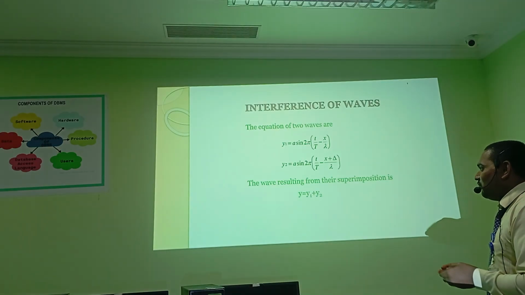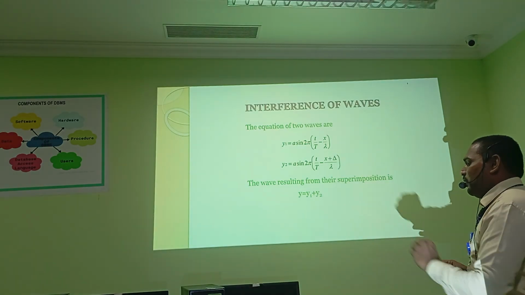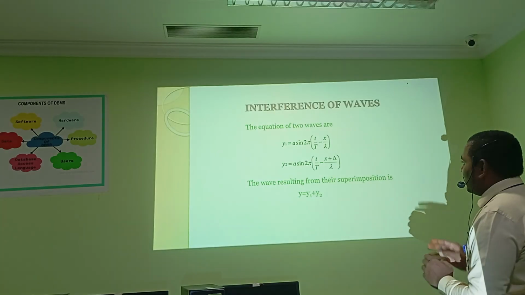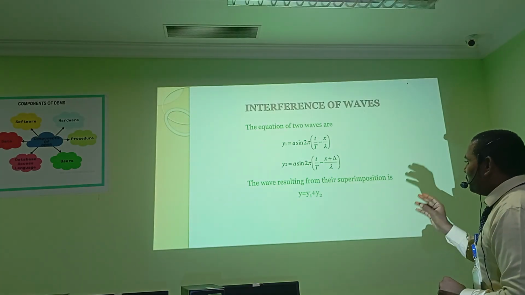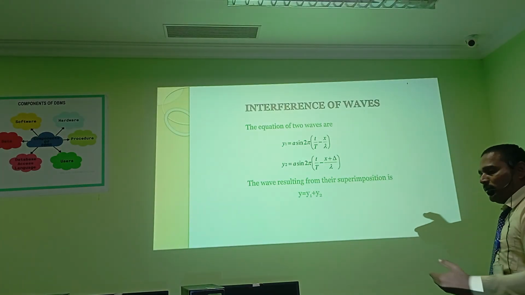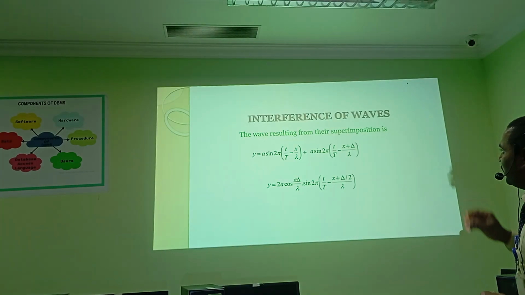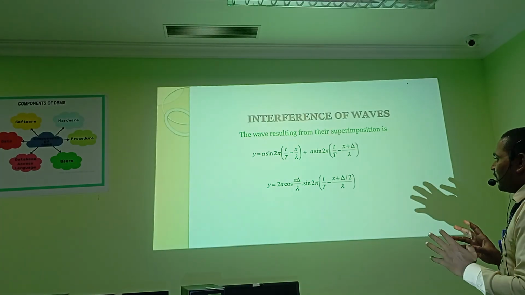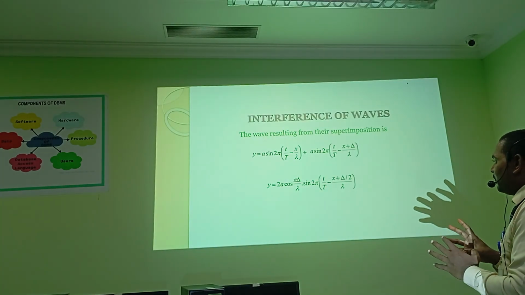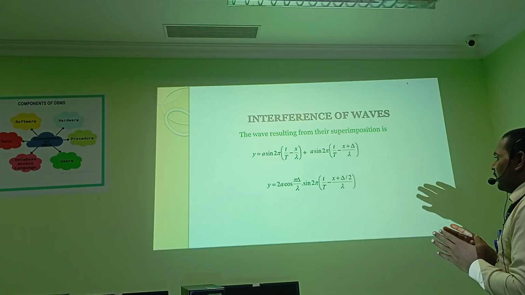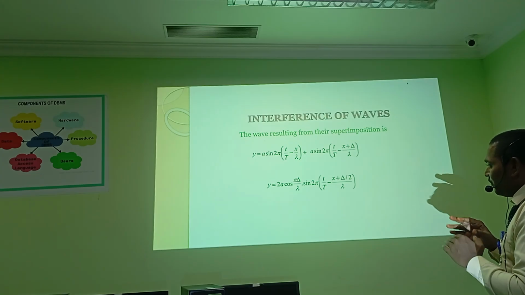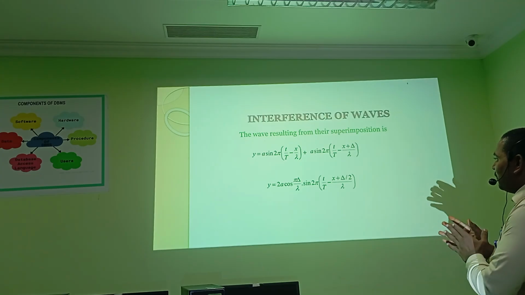The condition for interference means the minimum condition and the maximum condition. The resulting superposition is y equals y1 plus y2. Actually, the conditions for maximum and minimum are involved with the phase and the path difference.